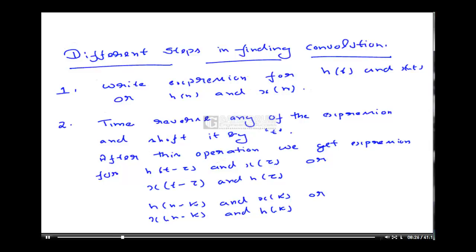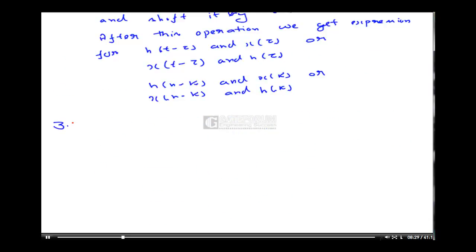Okay, third. Whatever function we have shifted, suppose I time reversed and shifted x(t), then I have to move that function only. Whatever function I am time reversing and shifting, I have to move that function only, by shifting the shifted function.